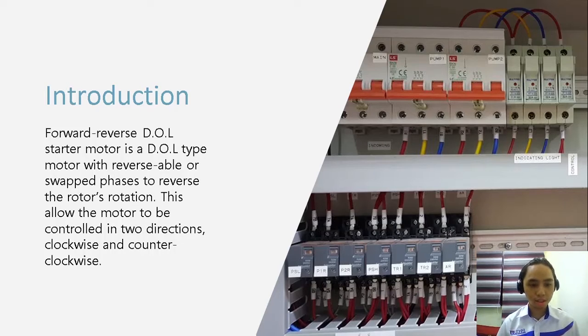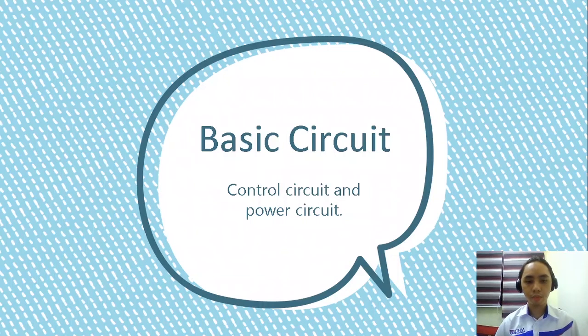This allows the motor to be controlled in two directions, clockwise and counterclockwise. This is useful for any engines that need two directions, where the rotor will go counterclockwise and clockwise, which can be controlled in this type of motor. So let's go to the basic circuit.